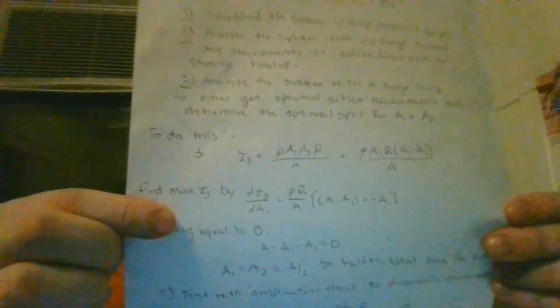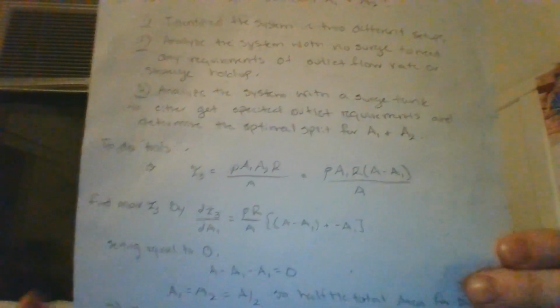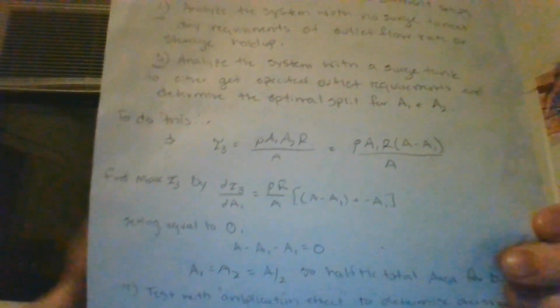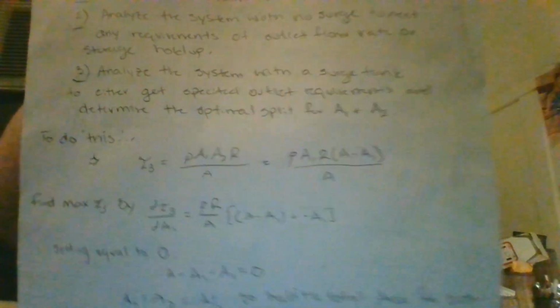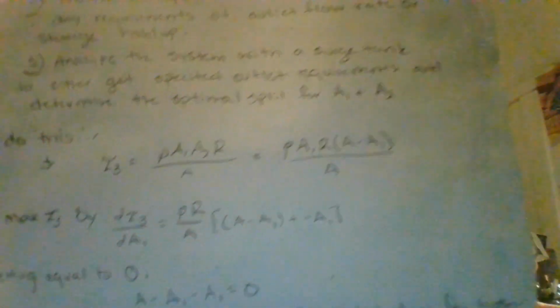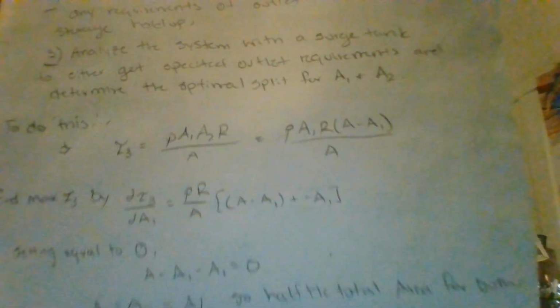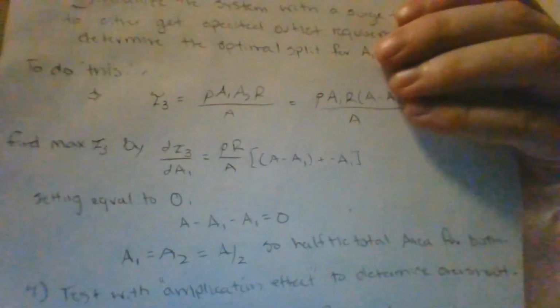This was done right here, and it was found that the areas inside of the tank should be set to half to optimize the total flow rates inside of the tank, as well as the height differences between the two tanks. And to further optimize this, you can take the time constant from the normal tank that you want and the surge tank that you want, and find a ratio with them and take the limit.